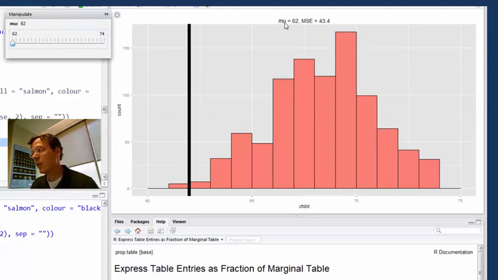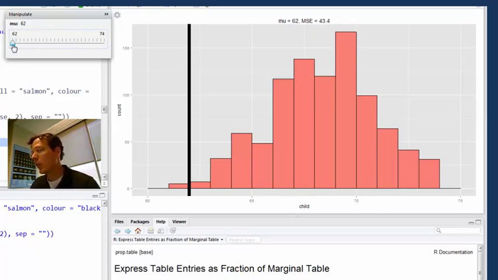What I have up here is the value of mu and the mean squared error. That is the sum of the squared distances between the observed data points and that particular value of mu. And because I've added up n things, I might want the average value instead of the sum, so I divide by n and I get a mean squared error instead of the sum of the squared errors. Okay.